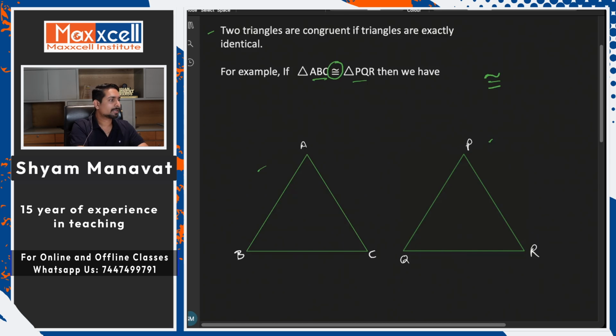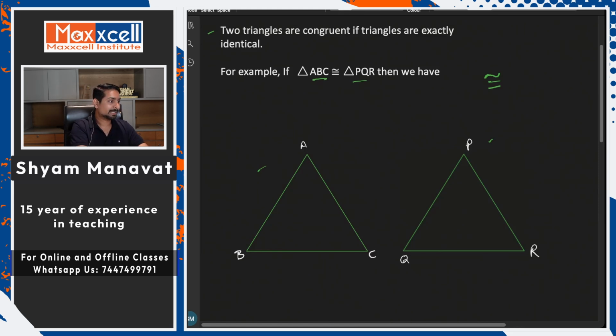Two triangles are congruent if all three corresponding sides are equal, corresponding angles are equal, and the area is equal, everything is equal.